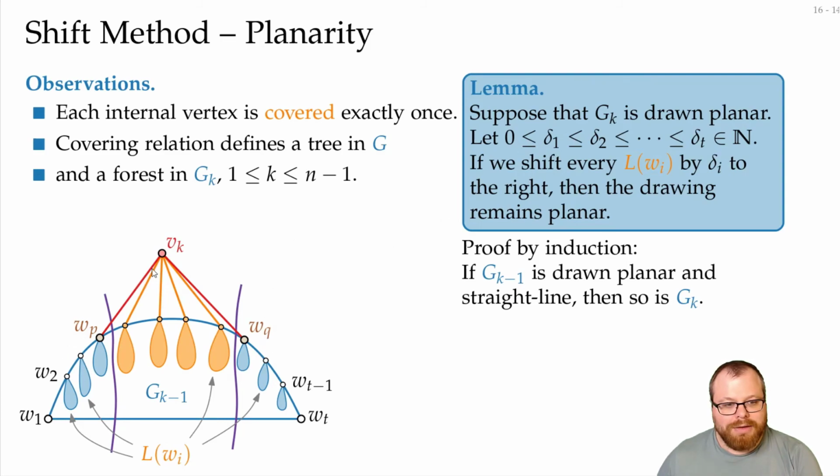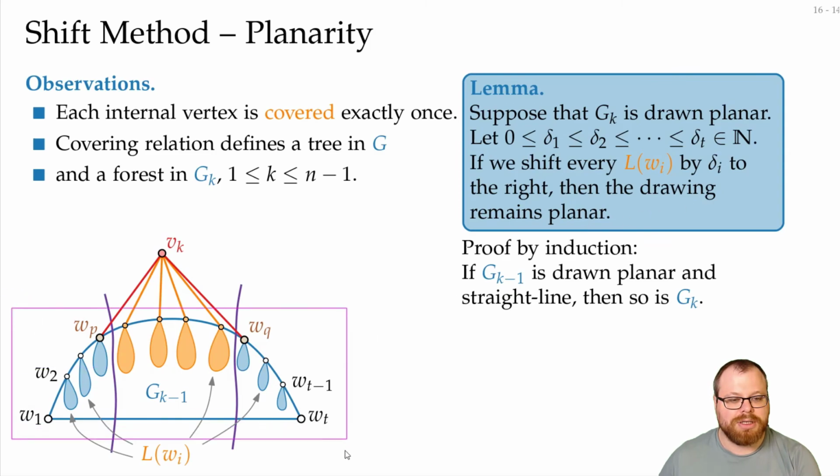Well, if for G_k we get a number for all these vertices on the outer face, then we can apply a shift to G_{k-1}. So we want to shift all these vertices in the drawing of G_{k-1} by exactly this number. We want to shift all these by exactly this number. And we want to shift all of these by the number we got for vk. By induction, this is still a planar drawing.